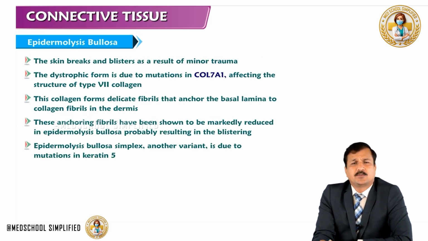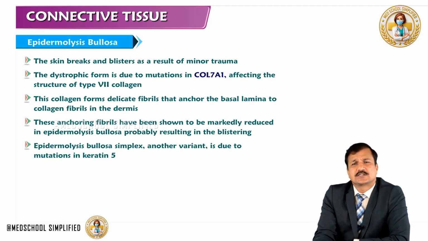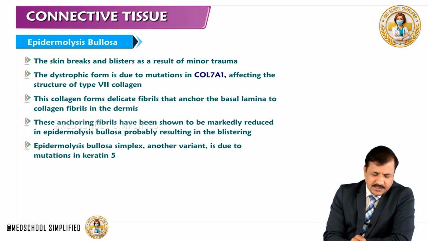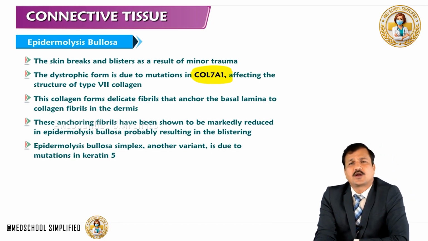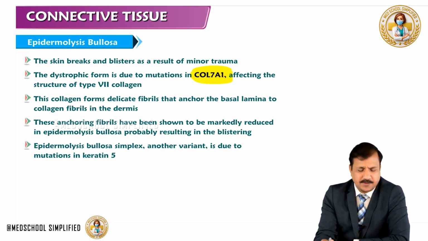Coming to epidermolysis bullosa. Here the skin breaks and blisters as a result of minor trauma. The dystrophic form is due to mutations in type 7 collagen coding for alpha 1 chain. That means the gene that is mutated here is COL7A1, which affects the structure of type 7 collagen.